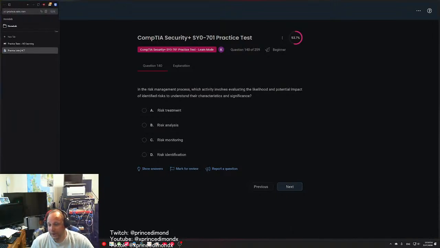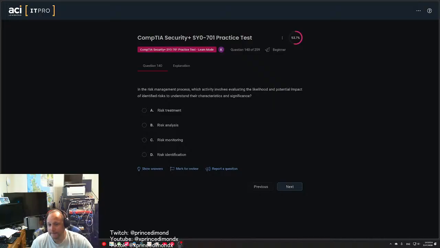Let's see here. Where are we at? I think we're almost at an hour. This is why I need a better setup. What does this do? Nothing. What does this do? Also nothing.